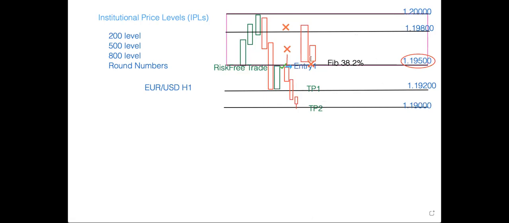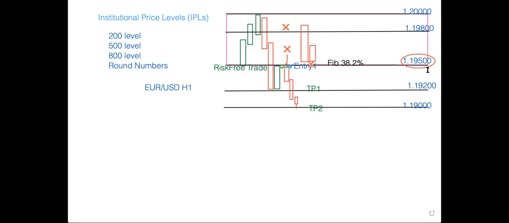So if you want to avoid your stop loss being hit, better to keep your stop loss above each IPL in this example.